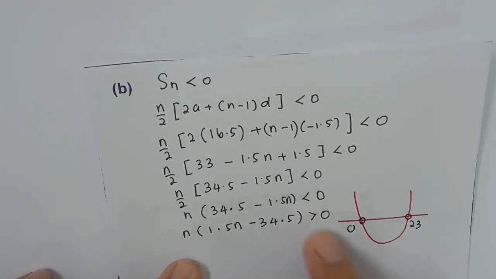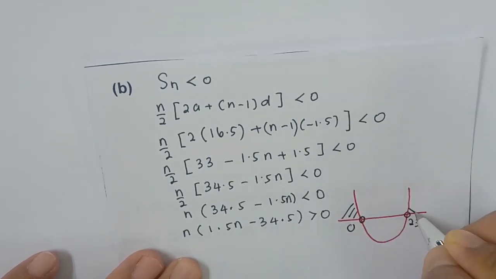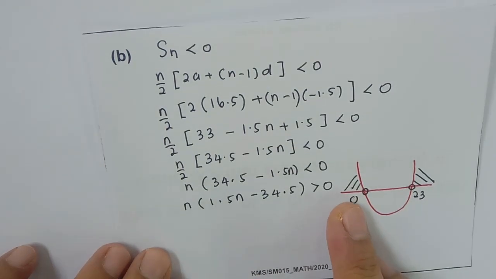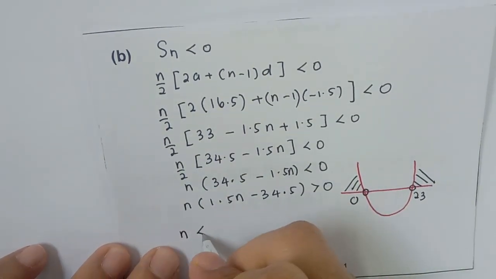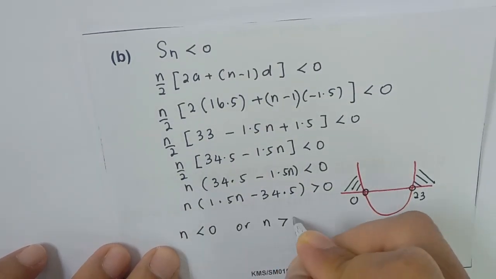So this sign is greater than, we choose more than. So from the graph, the solution is n less than 0 or n more than 23.